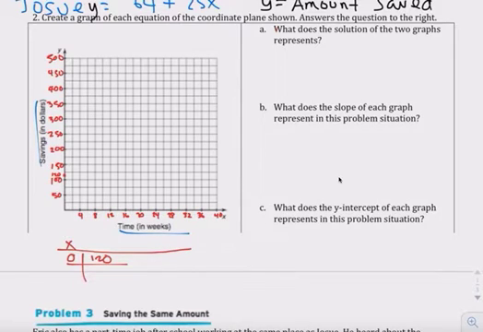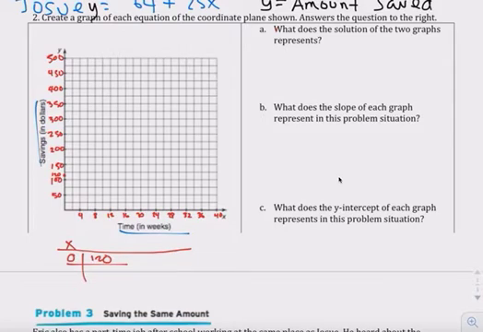The y-intercept represents Marcus having $120 in the bank before he starts saving $18 a week.